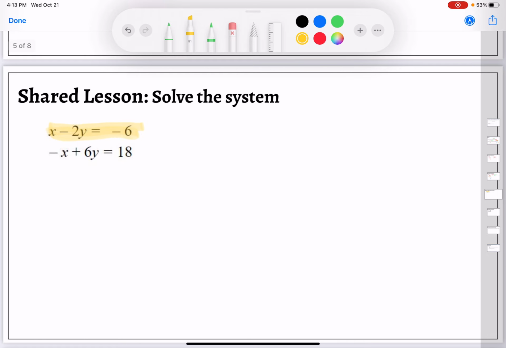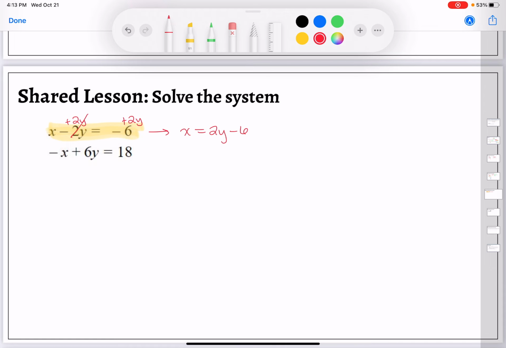And I see that x is very close to being alone. All I have to do is add 2y to both sides, and then my x will be completely by itself. My equation will become x equals 2y minus 6, or negative 6 plus 2y, however you want to write it.